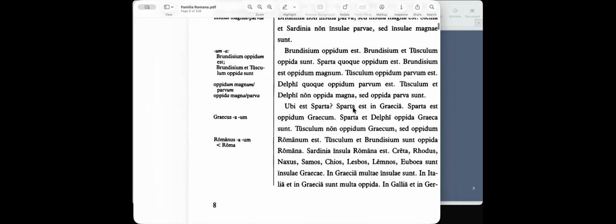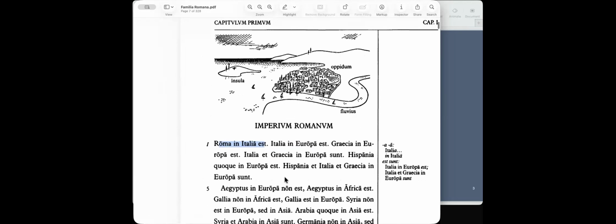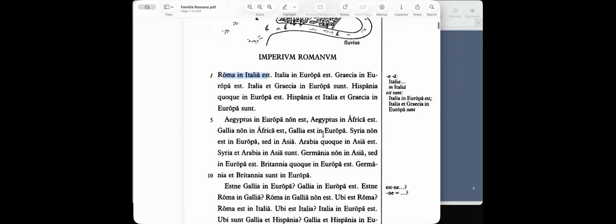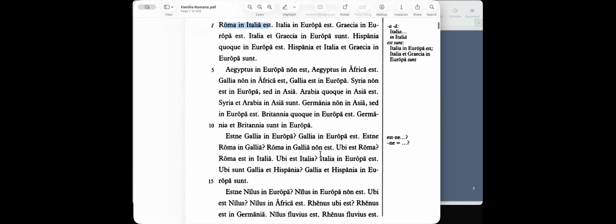A couple things about the book. The book has lots of hints, okay? I think I got a little bit into this last time.